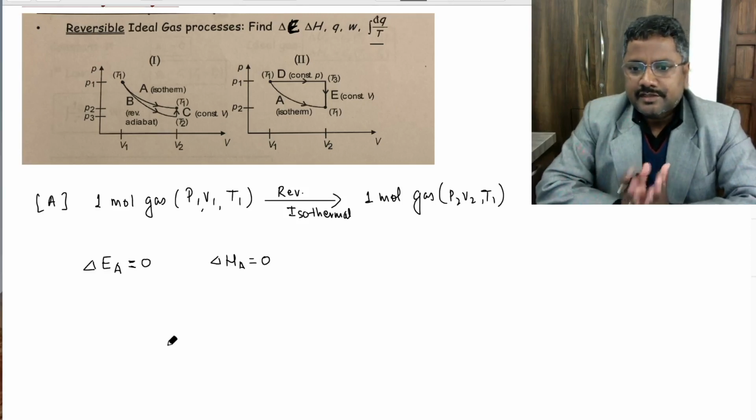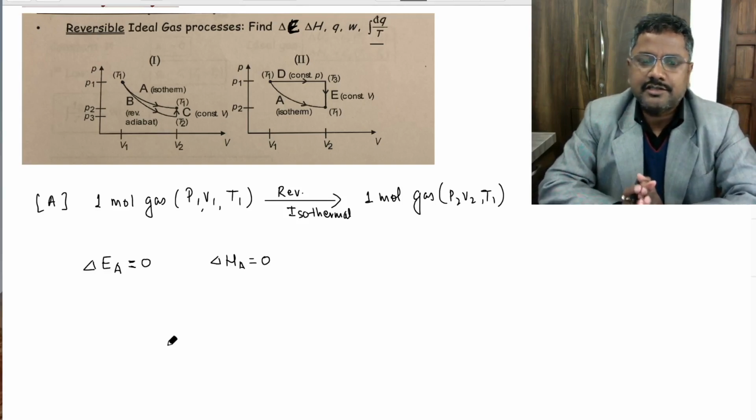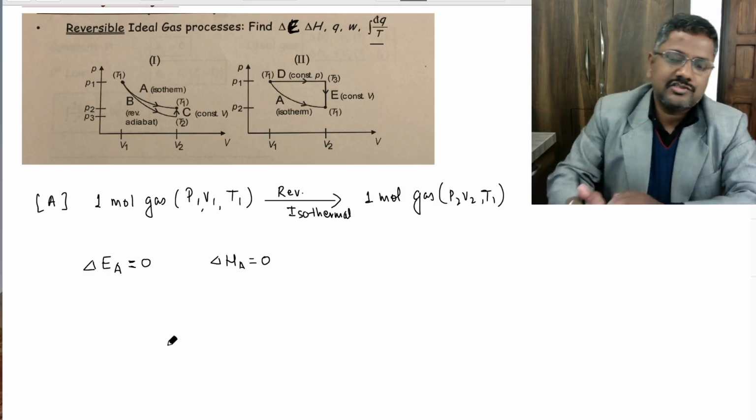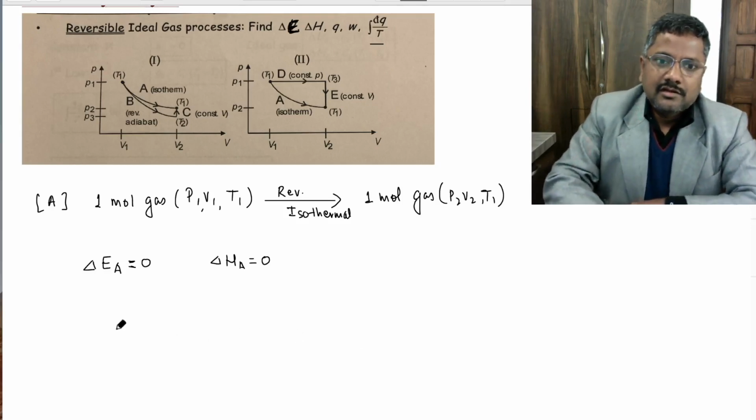Whatsoever the process, reversible, irreversible, any kind of process, if temperature is constant, then change in internal energy and change in enthalpy along that path is 0.